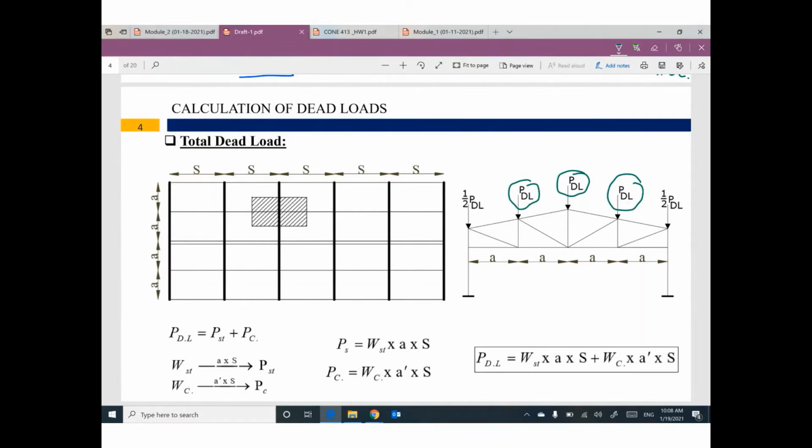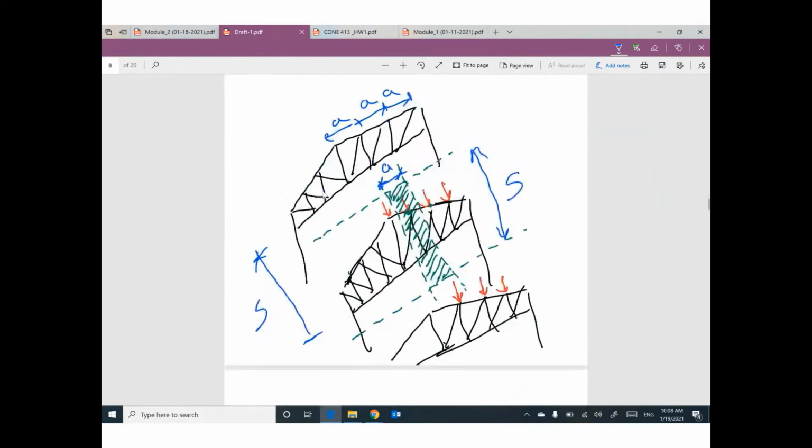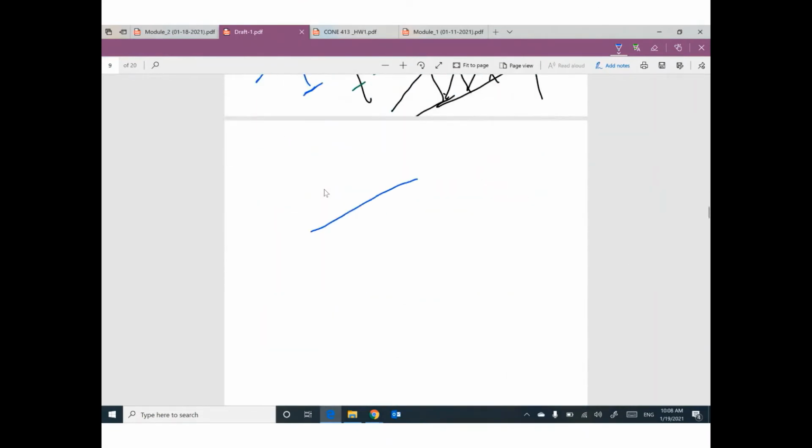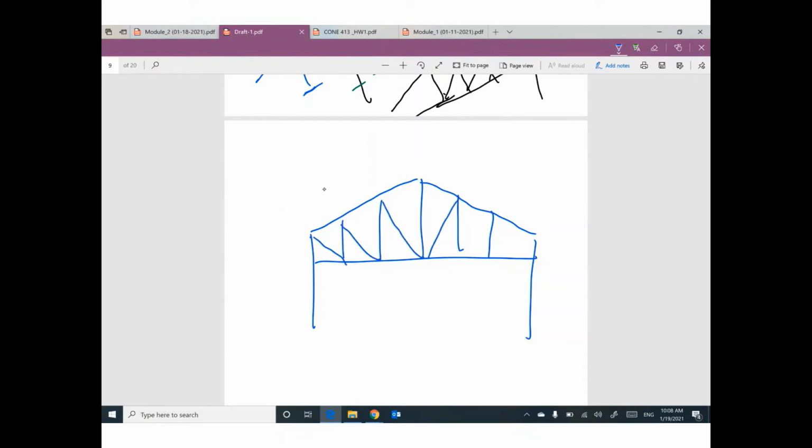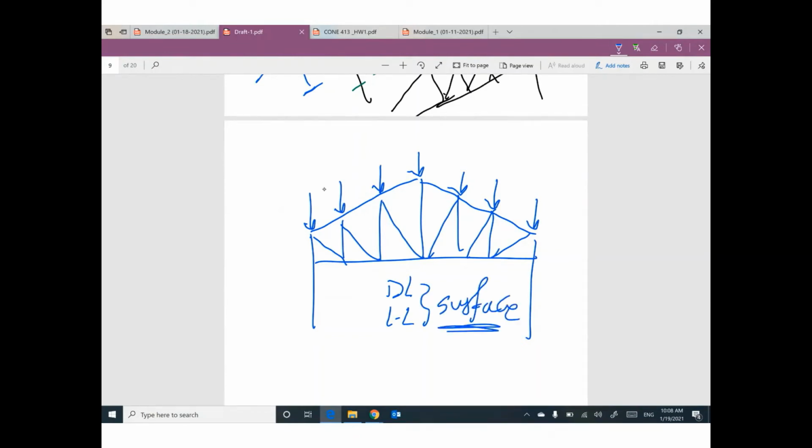Guys, in structure analysis, if you remember, all trusses you learned, you found the loads are concentrated loads at each joint. How can I convert dead load or live load or any load which is surface load on area to concentrated load? It's very simple.